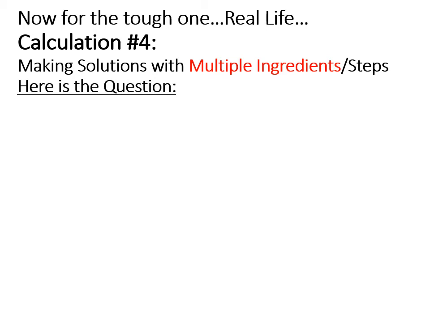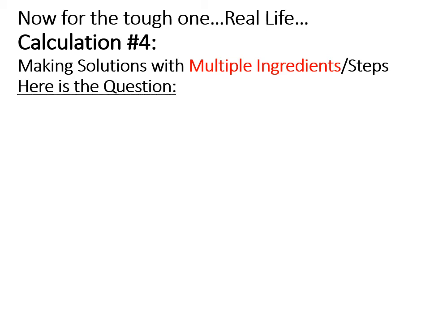Instead, you're following a list of multiple ingredients. So for instance, if you remember in the first one, you had 25 millimolar Tris, you had percent this, percent that, multiple ingredients. Okay, there's usually multiple ingredients, and there's even usually multiple steps.